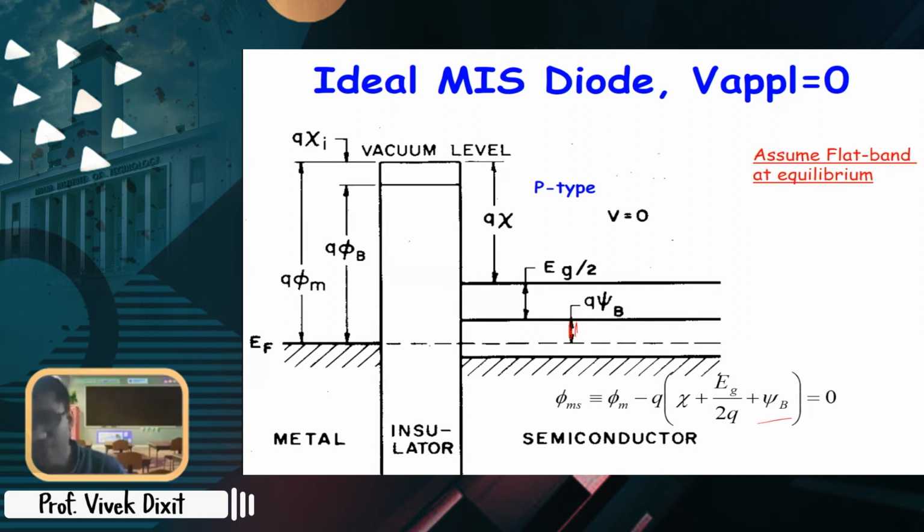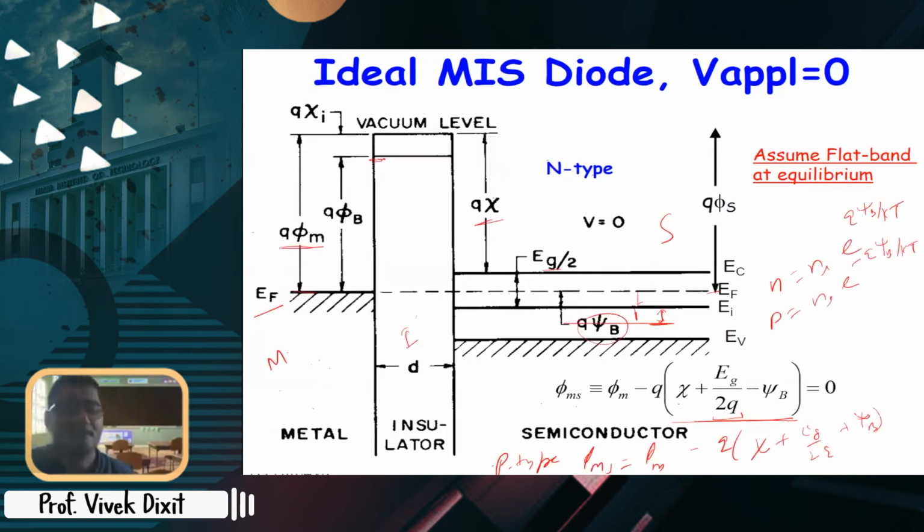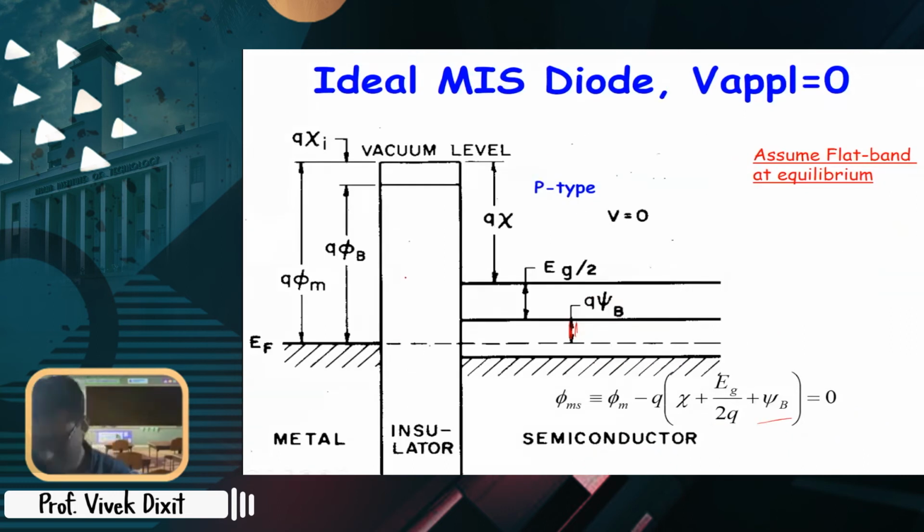Okay. Now what will happen? Let's again consider n-type. In case of accumulation, how will you achieve the accumulation? The gate will be positively biased or negatively biased? For accumulation, what will you do? You will apply a positive voltage here or negative voltage here. Now accumulation means you have to get the electrons here, right?